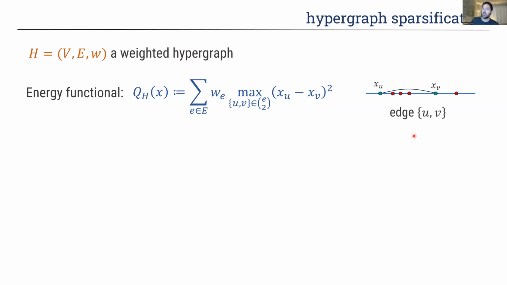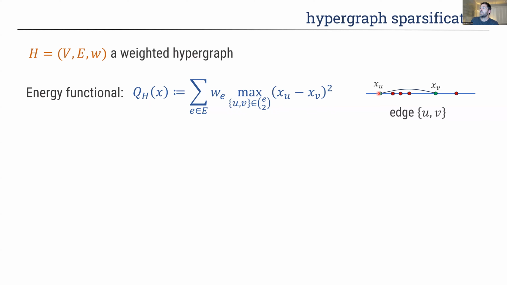The right context for this is that if we just have a graph, which corresponds to a hypergraph where all the edges have cardinality 2, then what we would be measuring here is the Laplacian quadratic form. Given a vector x in R^n, it assigns a real number to every vertex in the graph. You can embed the vertices according to those numbers.